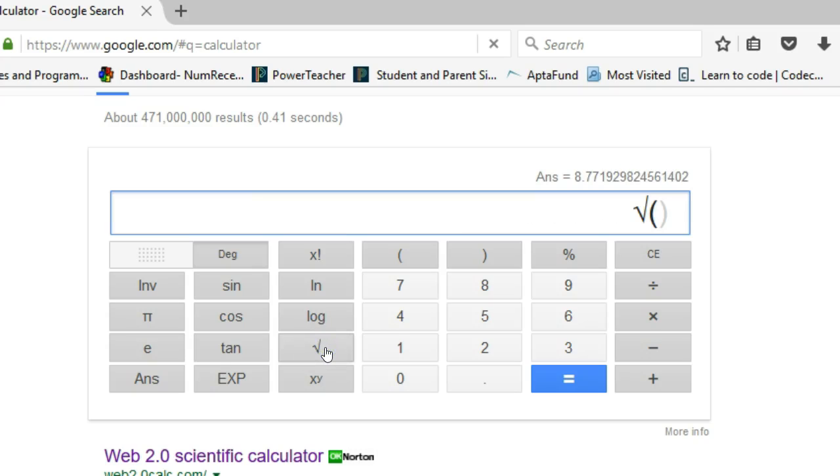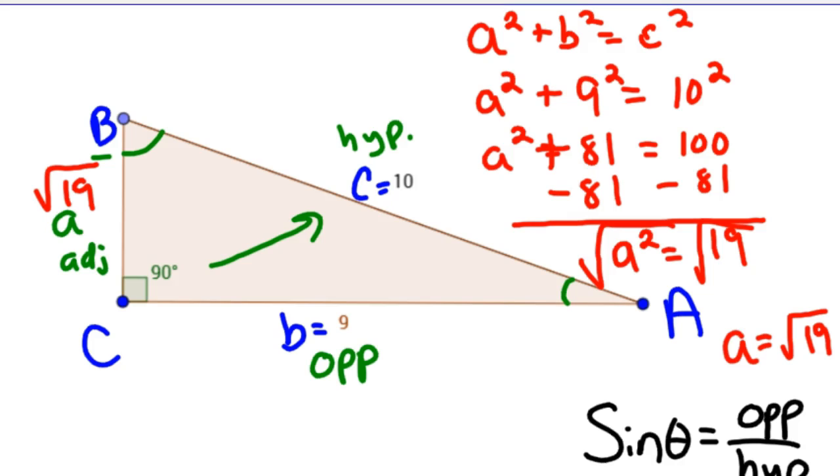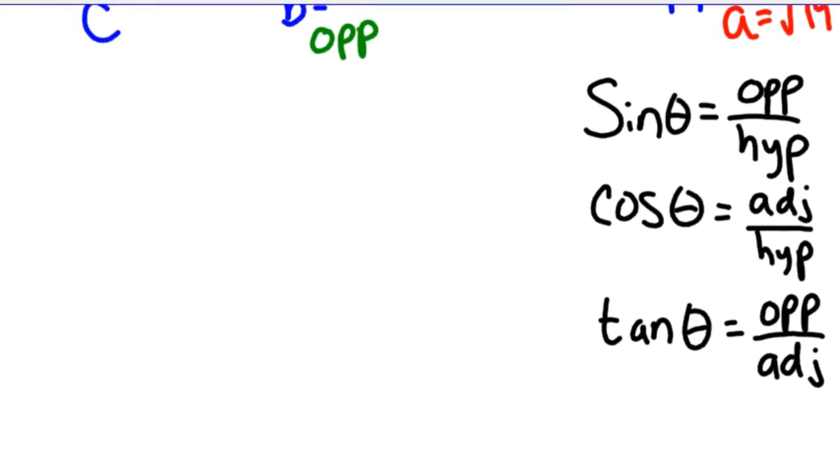But to do it, square root of 19 equals 4.4 approximately. So a is exactly equal to the square root of 19, approximately 4.4, depending on what you round to. If we were following significant digits, or sig figs, where we only have one digit, your answer is 4.